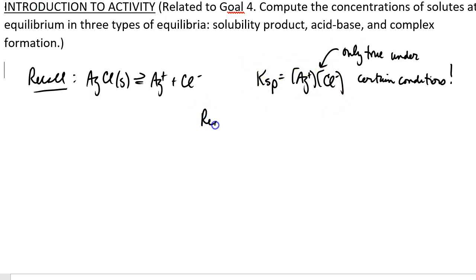What we really should use when we write our Ksp expressions, or any expression for equilibrium, is not concentrations but rather activities. So Ksp should be the activity of silver times the activity of chloride.